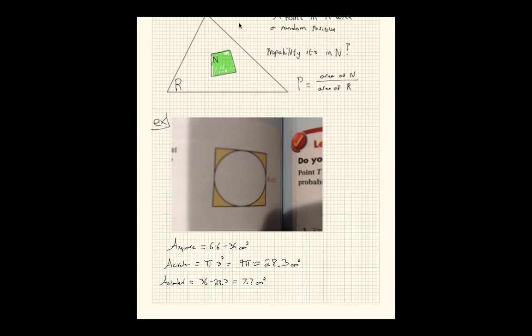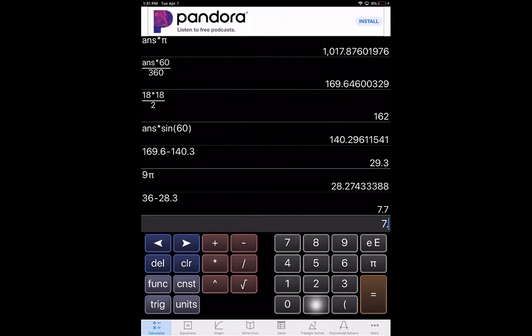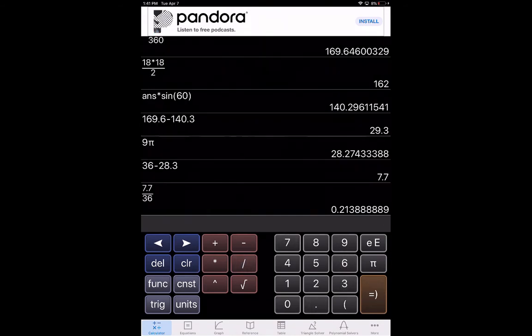Remember I said if we want to find the probability that a point inside this square is also inside the shaded region, we take the shaded area divided by the total square. So the probability is going to be 7.7 over 36, which gives me about 21%.